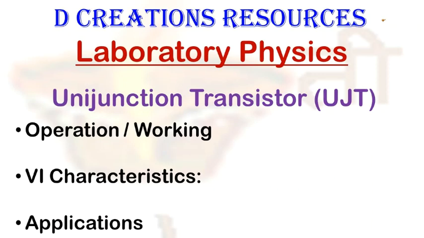Initially it is reverse biased by a voltage drop across the resistance RB1 and its own barrier potential VD.